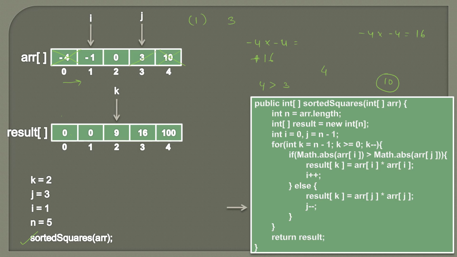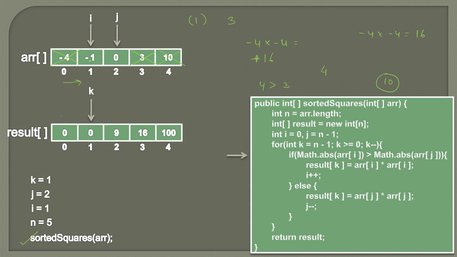We have used this spot, so we'll decrement j now. So j becomes 2. We'll decrement k because we have filled this spot. K becomes 1 and 1 is greater than or equal to 0.